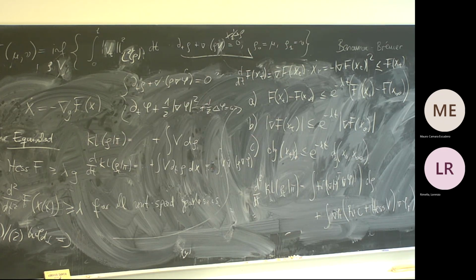Is there a reference for this stuff? Originally, if you just put in Otto Villani, this is going to be the first paper. It's a sort of famous paper. It has a kind of mysterious title with Talagrand in the name, something like this.